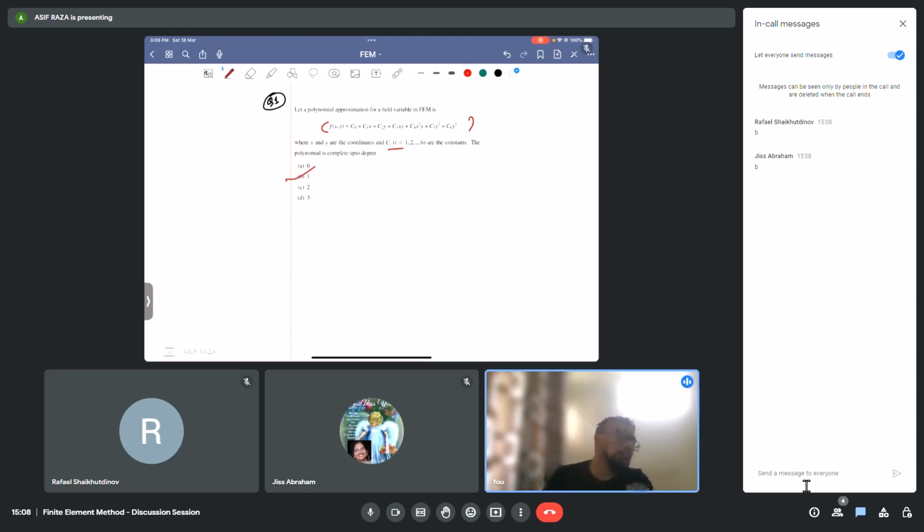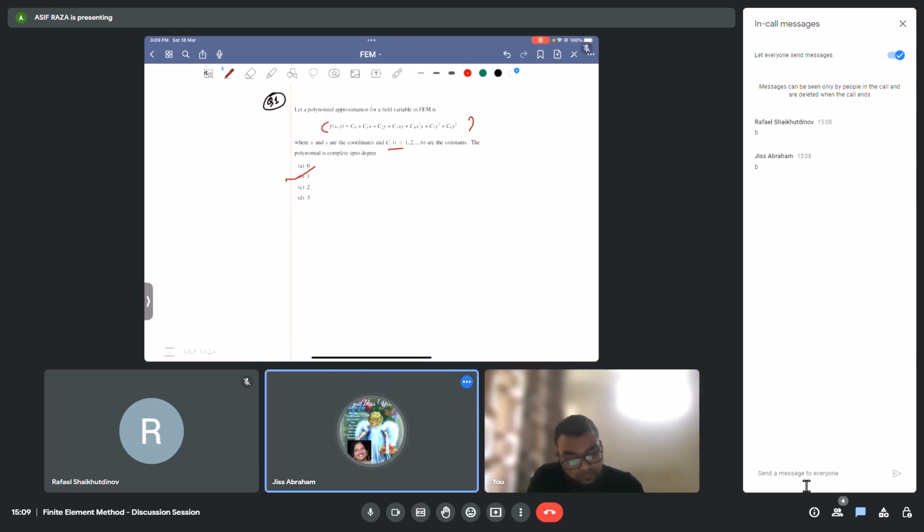Can anyone elaborate why you think it's option B, why not option C or D? For degree one it is complete, there is x and y.